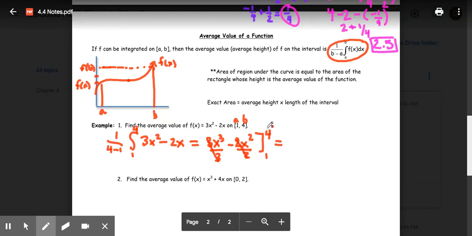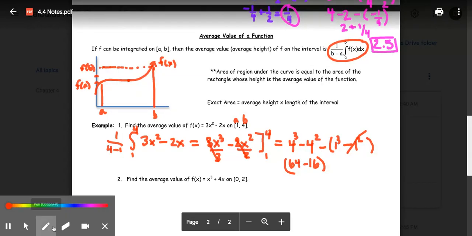Remember, you plug in the top bound first, so I plugged 4 in first, that's 4 cubed minus 4 squared, okay? Then you plug in the bottom bound, but you got to subtract that quantity, use parentheses, take 1 and plug it in. Well, 1 cubed is 1, and then you're going to subtract 1 squared, which is 1, so this ends up being 0. So you have 64 minus 16. Don't forget, you're multiplying it by this right here.